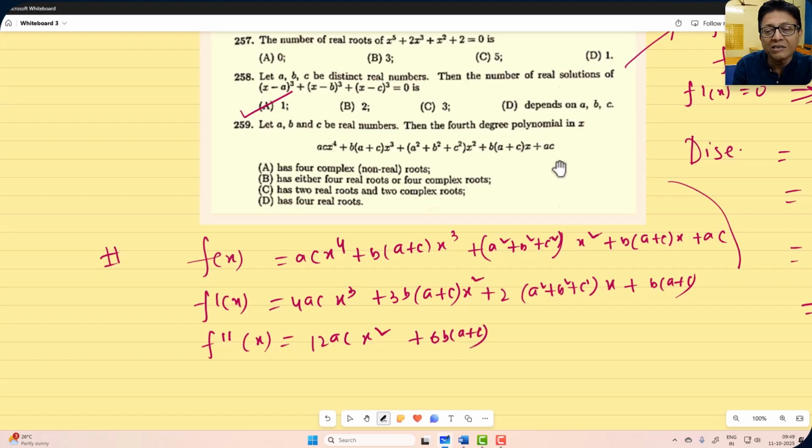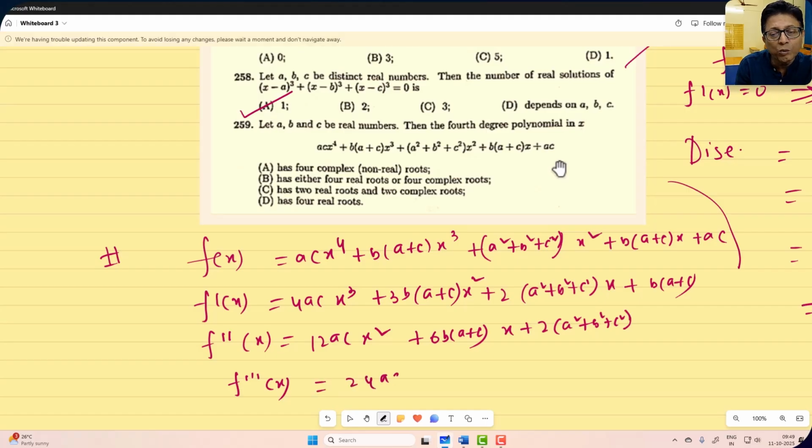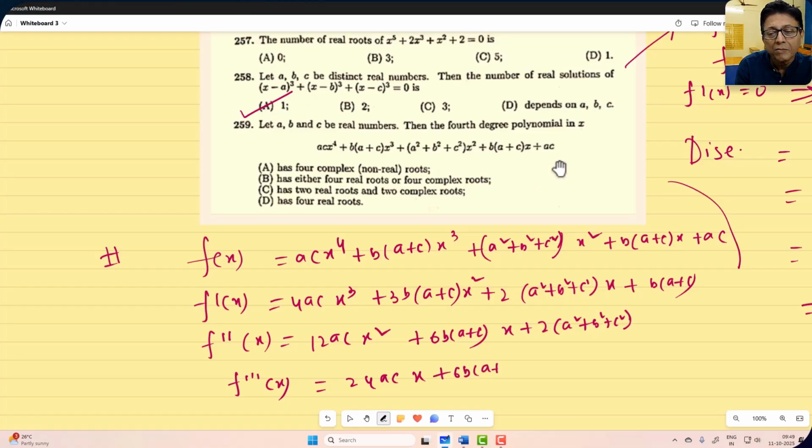And then the next one, f triple dash x, this is 24ACx. Now if we compare this to 0, x going to be what?